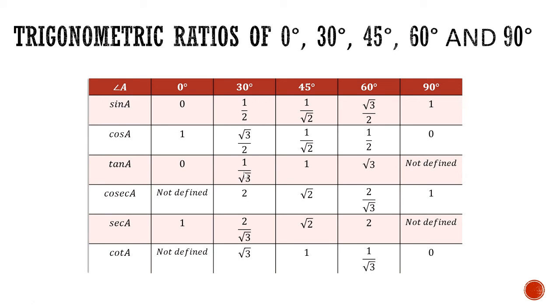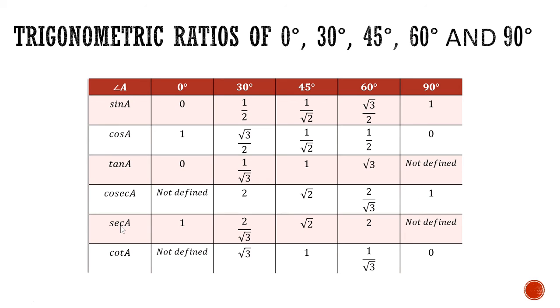Then cosec 30 will be 2, which is the reciprocal of half, that is of sine 30. Similarly, cosec of 45 will be root 2, once again the reciprocal of sine 45, and cosec 60 will be 2 divided by root 3, the reciprocal of sine 60 degrees, and cosec 90 will be equal to 1, the reciprocal of sine 90.